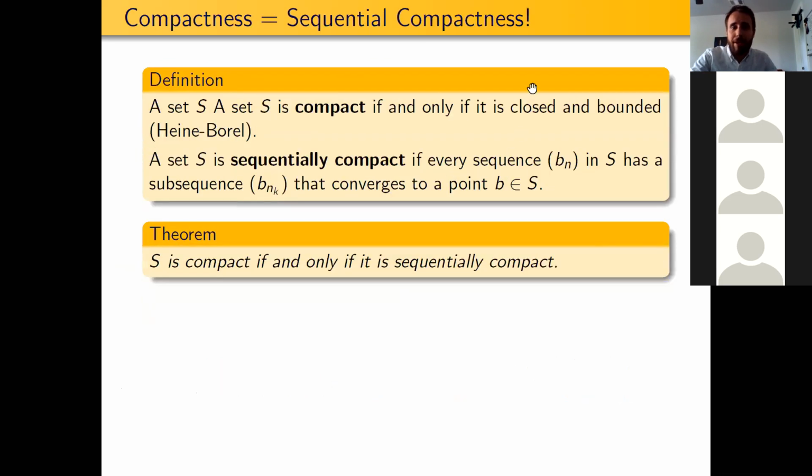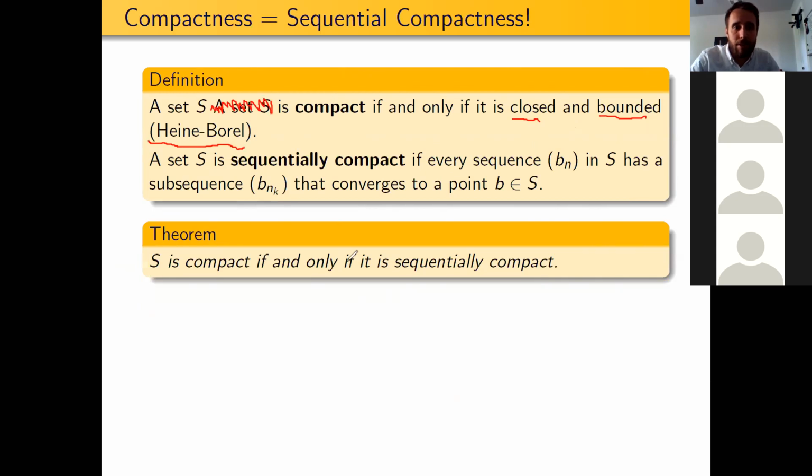So let's try to show that these two ideas are actually the same, compactness and sequential compactness. And like I said, we're using this Heine-Borel version of compactness. So we're thinking of a set S being compact if and only if it is closed and bounded.